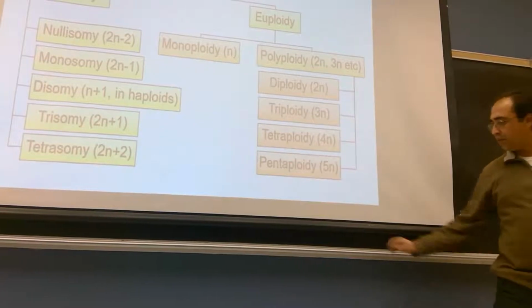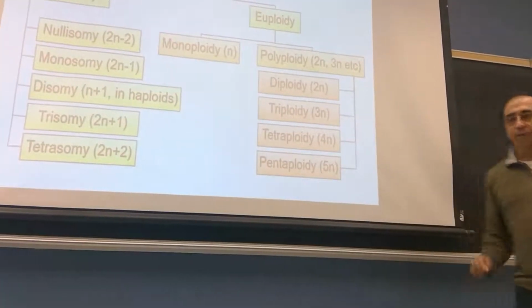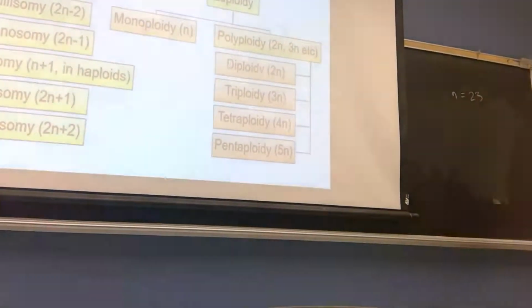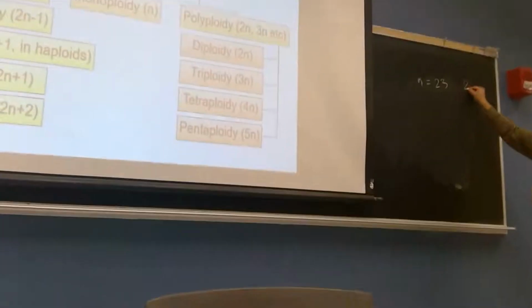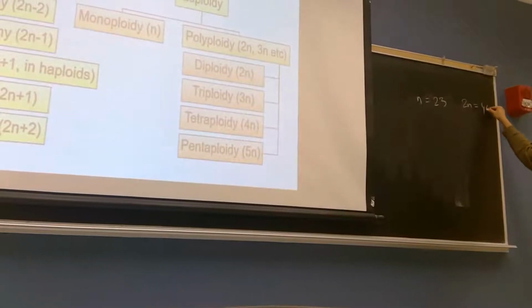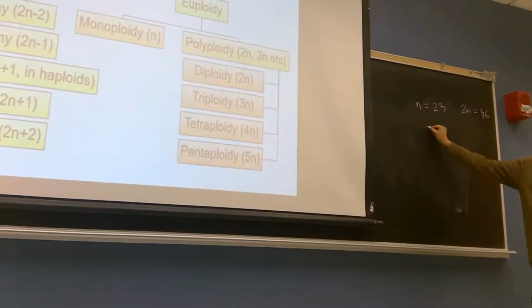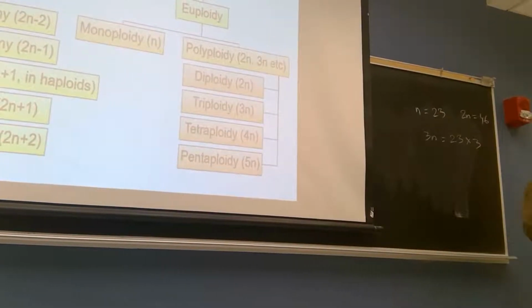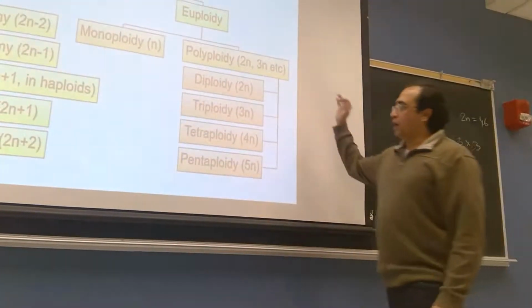Whole set of chromosomes means we have n. Suppose n for us is 23. We are diploid, that means 2n is equal to 46. If we have 3n, 23 into 3, the whole set will be triplicated. That is called polyploidy.